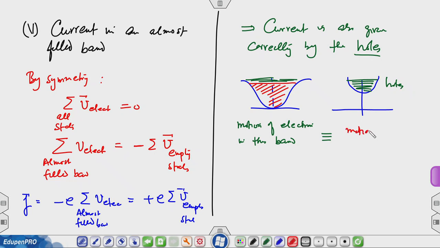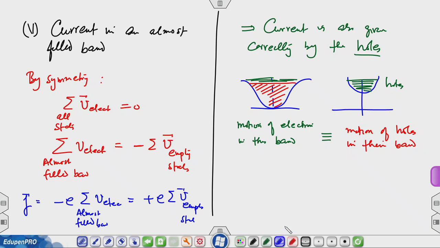Motion of holes in their band, and that band is obtained from that empty band like I have discussed so far. So, this is equivalent. So, I can think of this almost filled band will respond as if it has positive charges with positive mass particles. So, it is like, and the mass of the particles is not the same as free electrons, it is obtained by curvature of the energy.